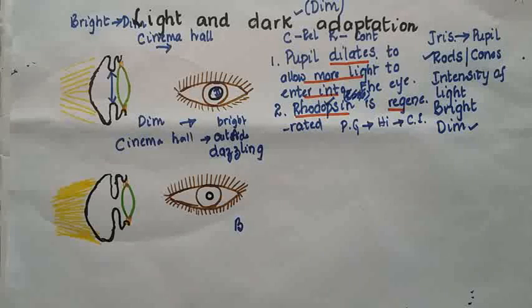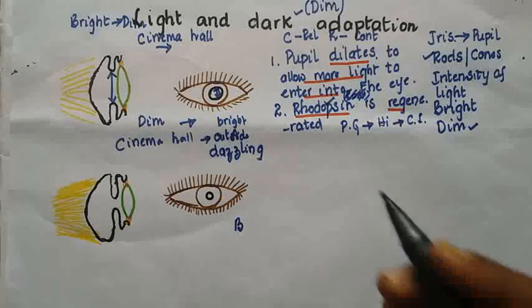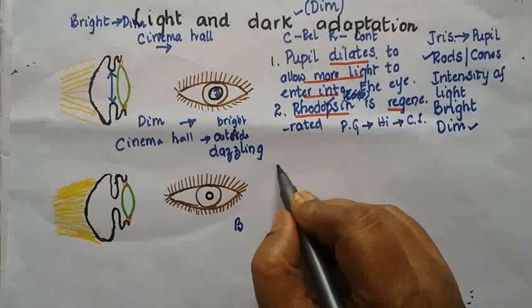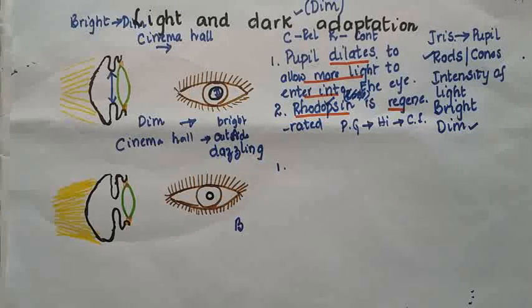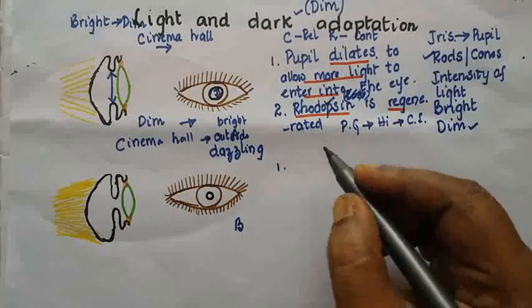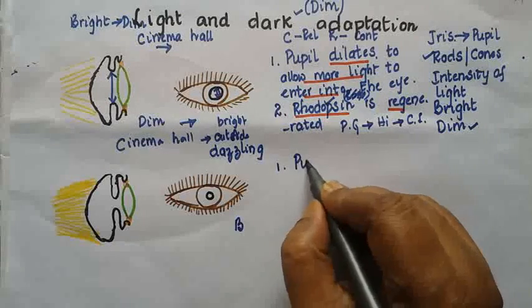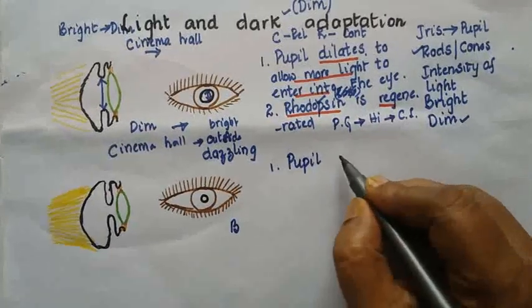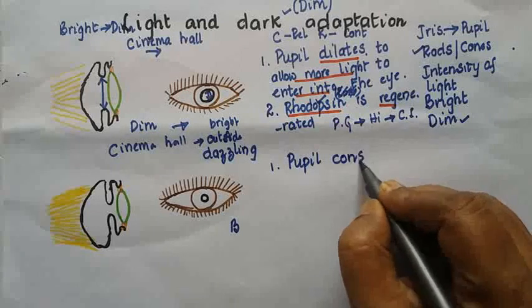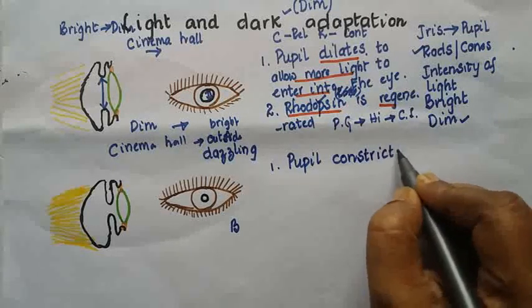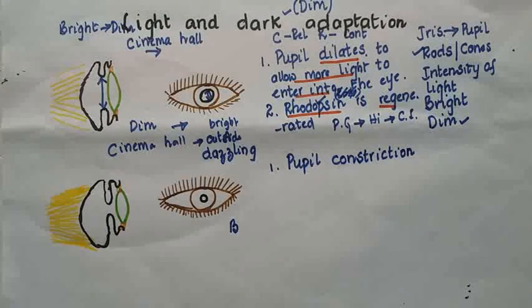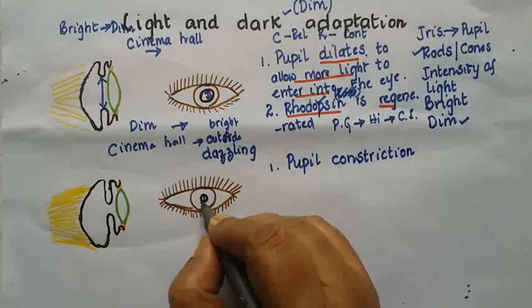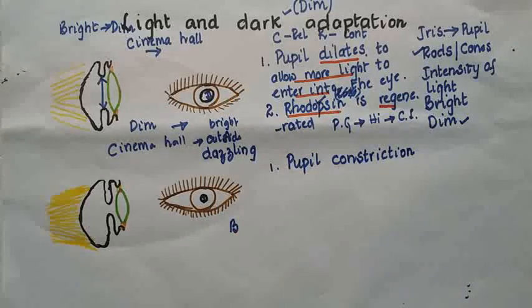Fine, children. Now let's see what are the changes occurring in your eye when you are in the bright lit area. The first change is the pupil undergoes constriction. Since your eye is exposed to the bright light, immediately the pupil will undergo constriction. Here you can see that the size of the pupil is decreased.